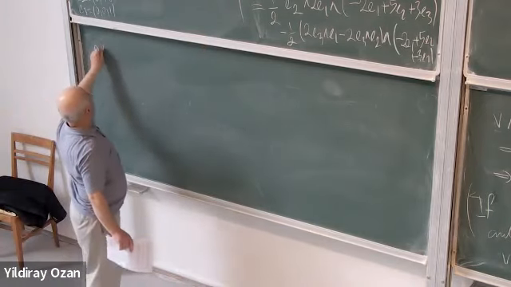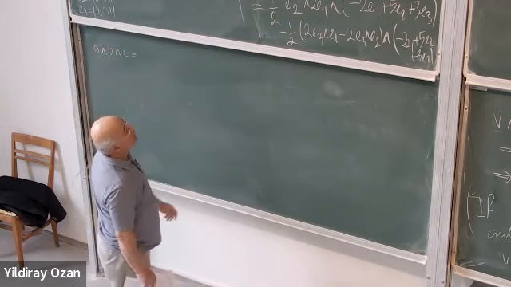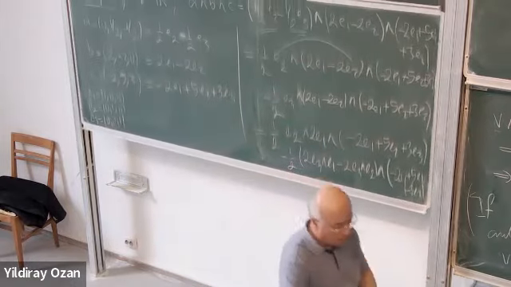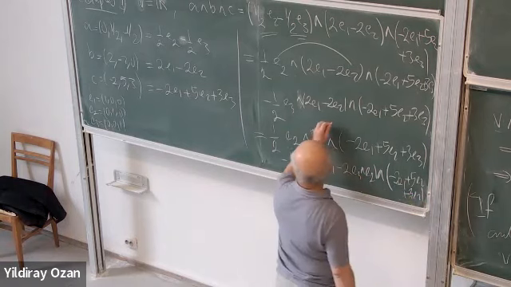So A wedge B wedge C is just one. Now let's look at this one.